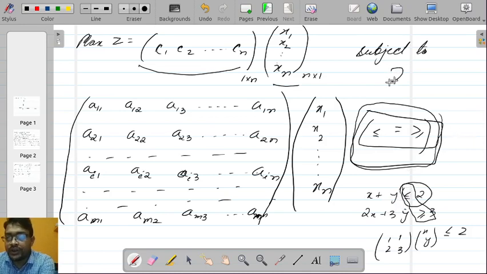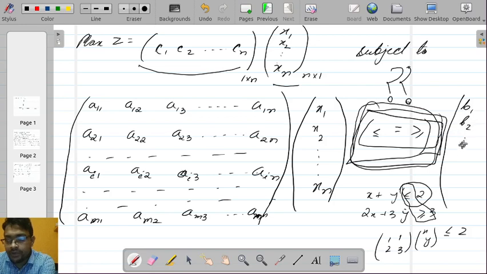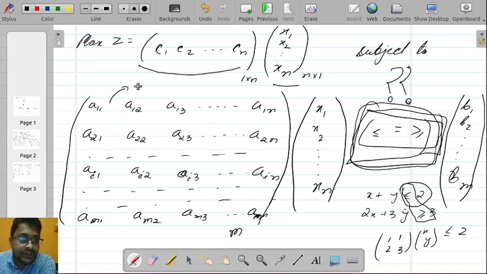Okay, so here I am putting a question mark. The way of writing this is this, but we have to decide about the constraint: less than or equal to, or greater than or equal to, which one we will take. And this is b1, b2 up to bm. Okay, so this first one, the coefficient matrix, is an m by n matrix.